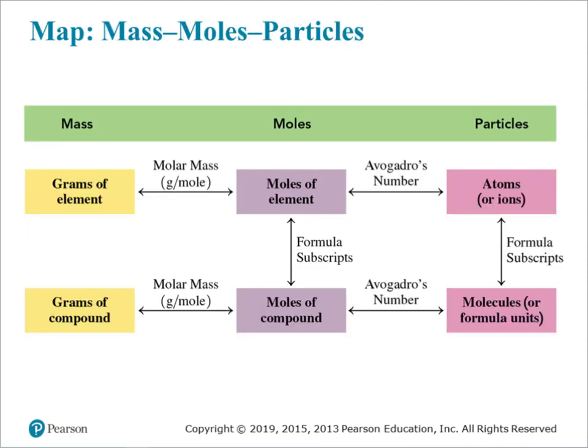This is a concept map that will help you put together how you get from one thing to another. So for example, if you need to go from grams of something to atoms, you would have to use the molar mass to go from grams to moles, and then Avogadro's number to go from moles to atoms.